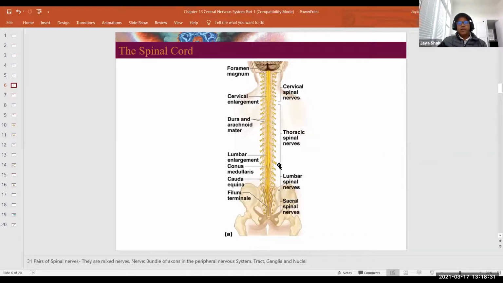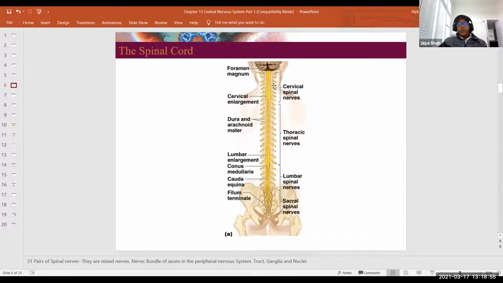Here is the thoracic spinal cord, and the nerves coming out of this are thoracic spinal nerves. Then in the lumbar region, you have the lumbar spinal cord and lumbar spinal nerves. And then sacral spinal nerves. And in the coccyx, nothing comes out. That's the coccyx, filum terminale. Okay.